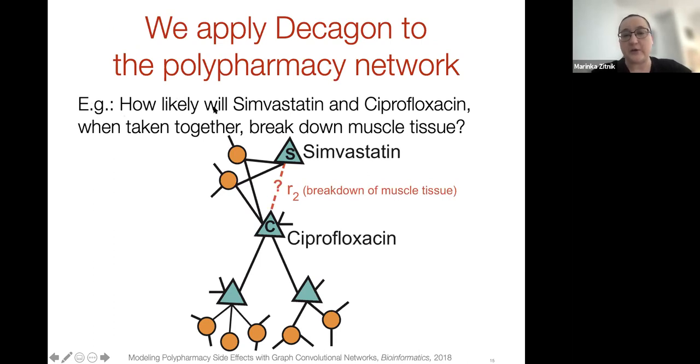Domain users of the Decagon model can ask a query, whether a statin and ciprofloxacin, two drugs, when taken together, will lead to breakdown of muscle tissue. That effectively meant that in the back end, the model was tasked with predicting the probability that an edge of type breakdown of muscle tissue would exist between the two drug nodes, C and S, that were involved in the query.